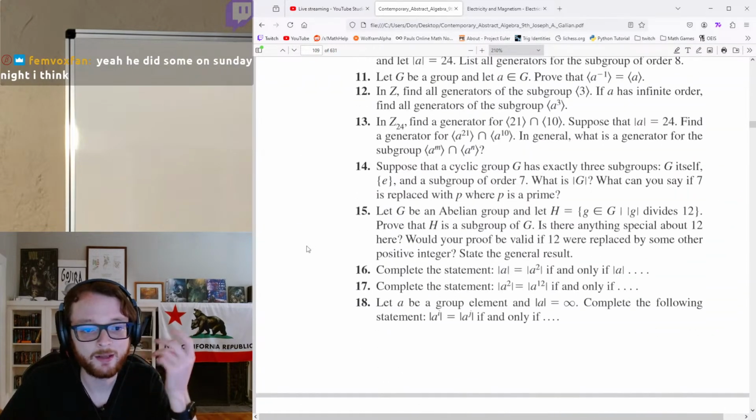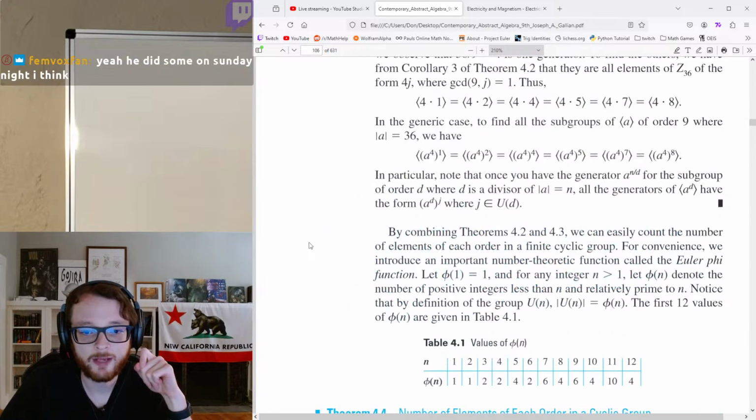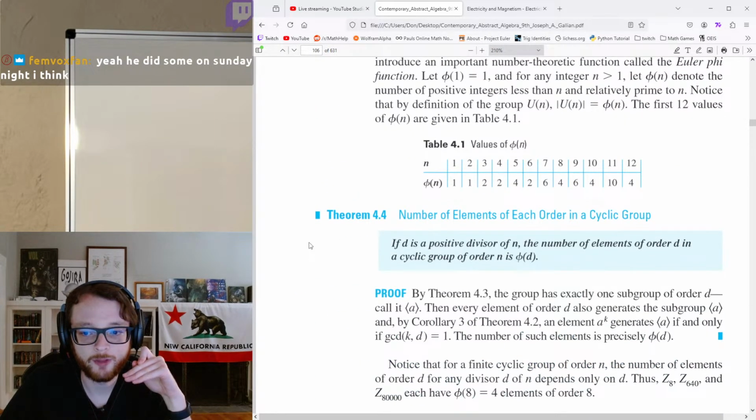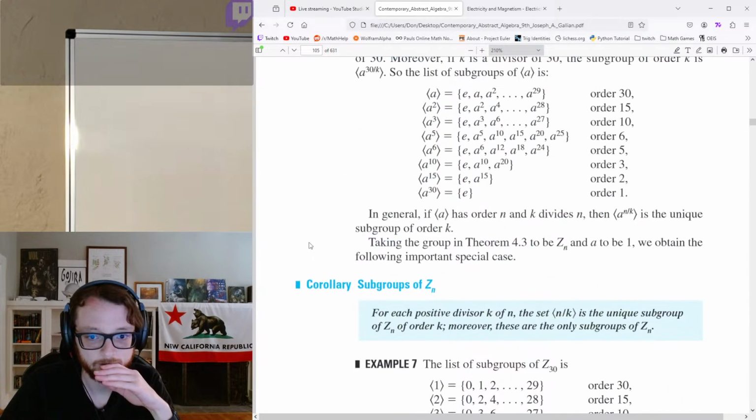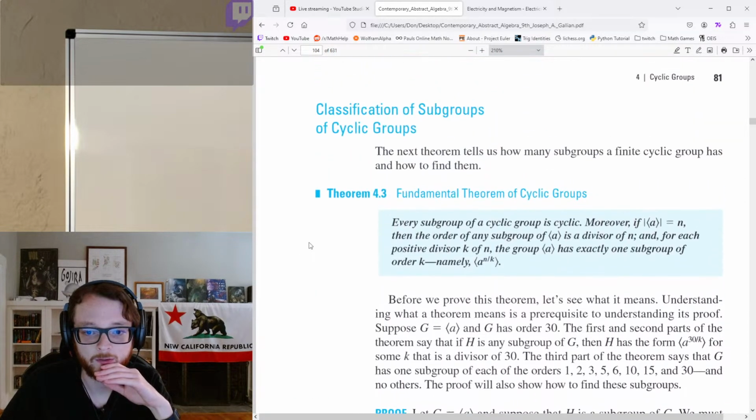Oh yeah, but what I need is: if you have an element of one order, what are the elements of the other orders? They had an example like that.